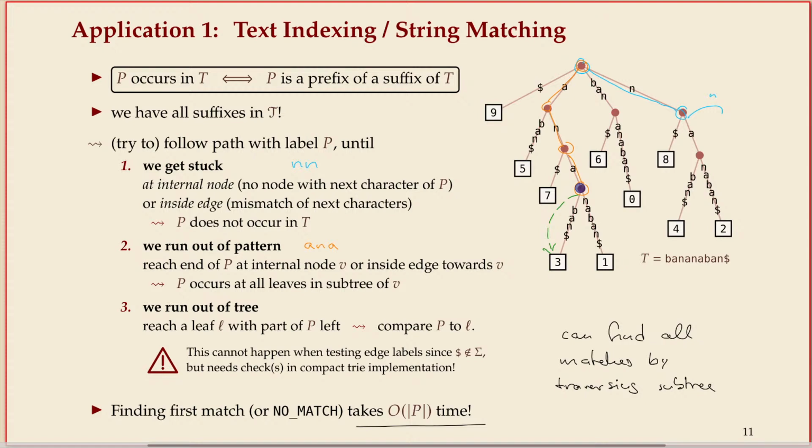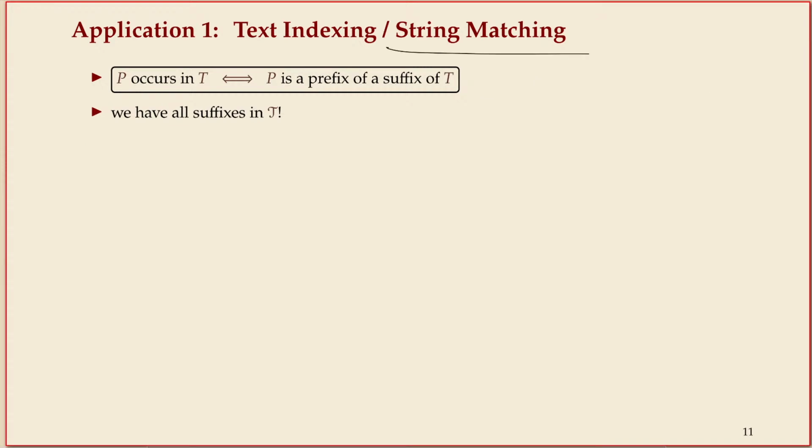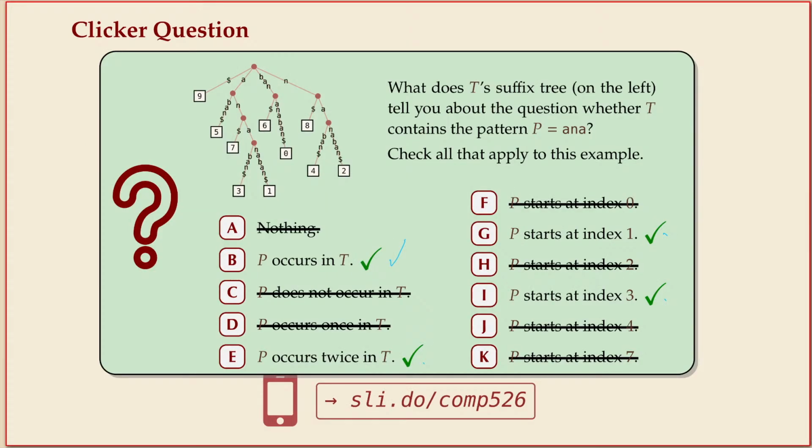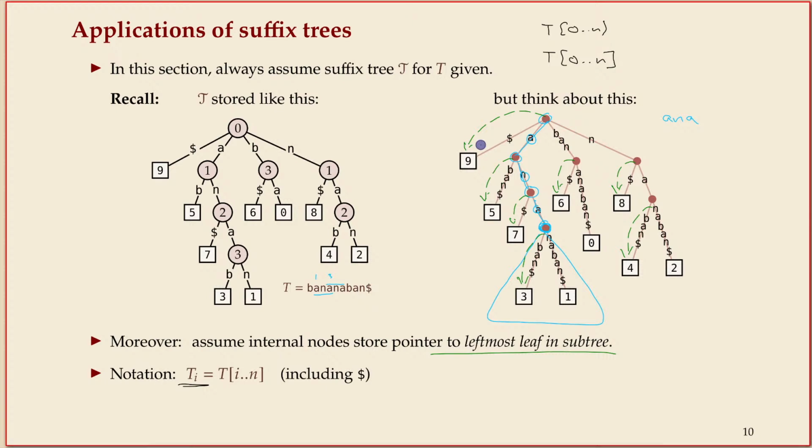A small addition to the suffix tree that we can do for free in terms of big O, every internal node stores a pointer to one of the leaves below it, one of the leaves in its subtree. It doesn't matter for the running time here specifically which one we take. Here I always took the one that's leftmost according to alphabetic order to break ties arbitrarily. You could also do the one that has the smallest index. That would also be sensible.